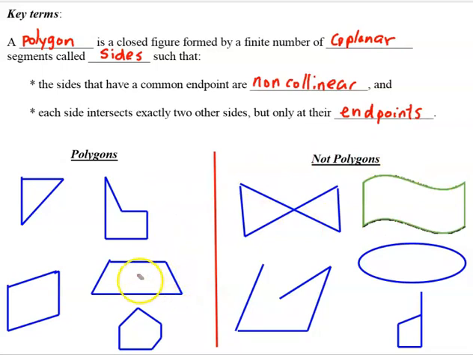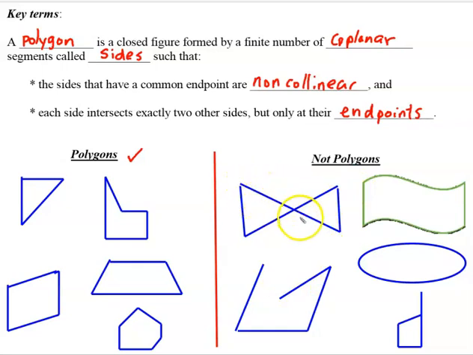Those are probably commonsensical statements, but I think we need them to establish a complete definition of this term. So what I've done here is I've given you some examples of polygons. You can see that these fit our definition. And then over here we have some counterexamples. These are not polygons, and for various reasons.